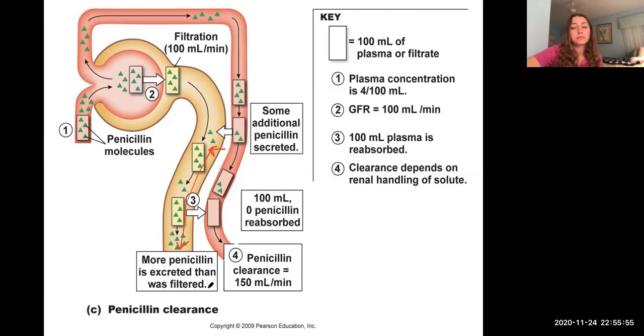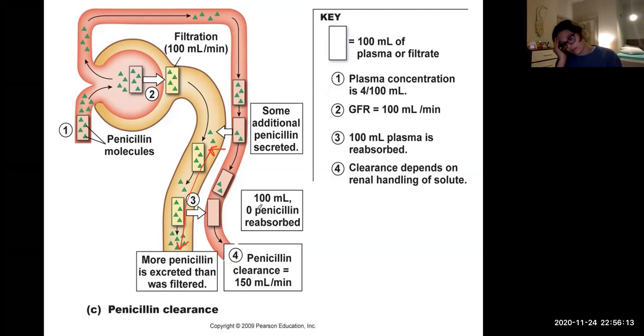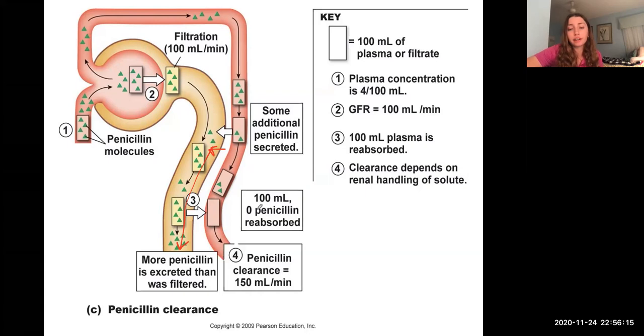If it says zero, it means nothing is being reabsorbed. So it's being filtered, which is good. It's being secreted, which increases the clearance, so it makes it more than it is.